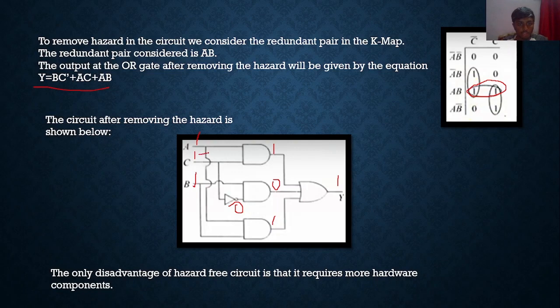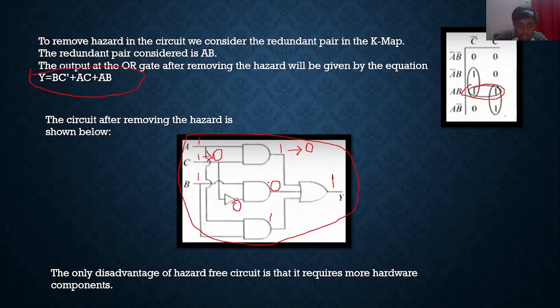And when C transitions from 1 to 0, at the output of this particular AND gate it becomes 0, and because of the delay at the NOT gate, the output at this AND gate remains 0. So this is also 0, and the output at this OR gate is still 1. So the output is never changing to 0.